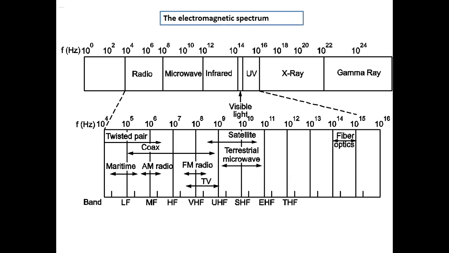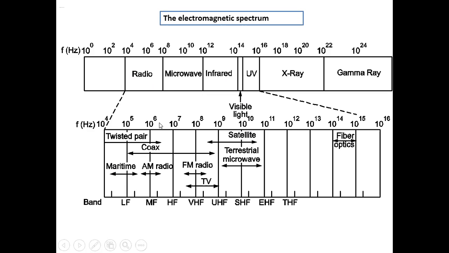So let us go through the electromagnetic spectrum which is available. If you see, there is radio spectrum, microwave, infrared, ultraviolet, X-ray, gamma, and so on. As far as infrared to ultraviolet is concerned, you have visible light. So the 380 to 780 nanometer spectrum is available.